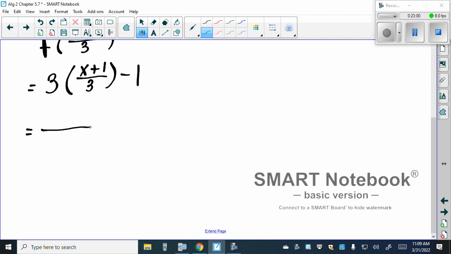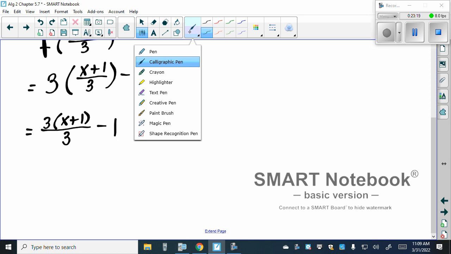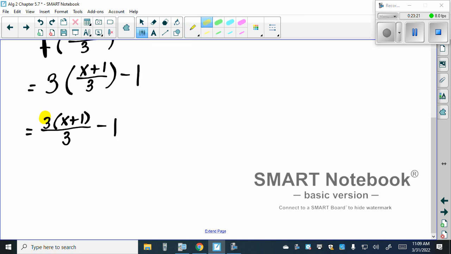Well, whenever we multiply a whole number by a fraction, the whole number multiplies by the numerator. Now, normally I would distribute that and do 3 times x and 3 times negative 1. But if I just multiply by that 3, don't we have a 3 divided by 3 here?